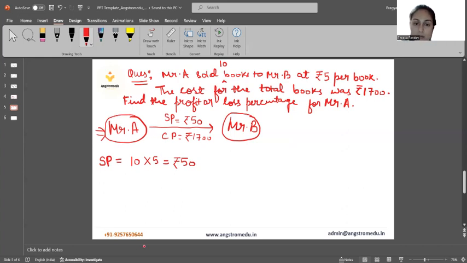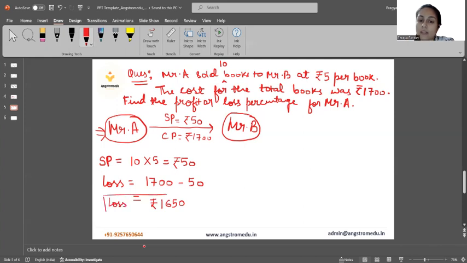We know the cost price as well. So how are we going to calculate it? To calculate loss, we just have to subtract. 1700 minus 50. What will we get? Just subtract it. 0 and 5, it will become 6 and 1. See, he has gone through a big loss. We can see here.